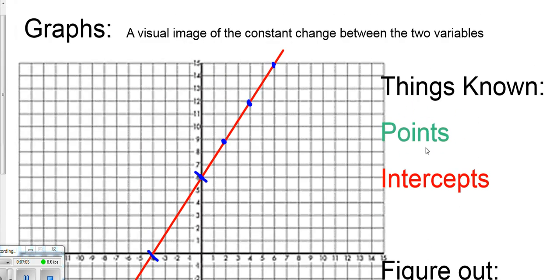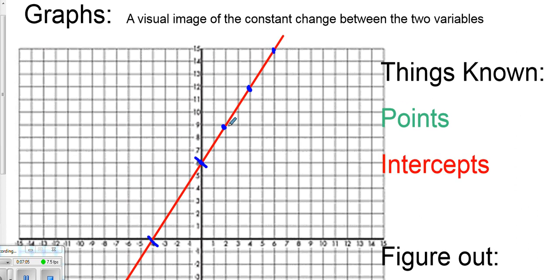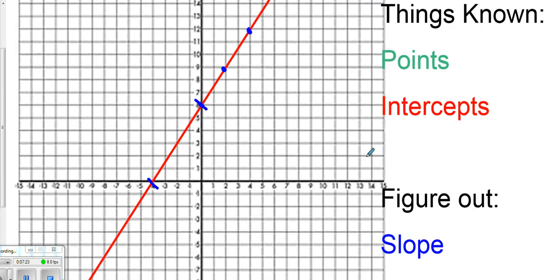With 2 points, you can find the slope either visually, up 3 over 2, up 3 over 2, or we can just use the 2 points and do y2 minus y1 over x2 minus x1, and we can find the slope that way. So it gives us points, gives us the slope, and maybe even gives us some intercepts.